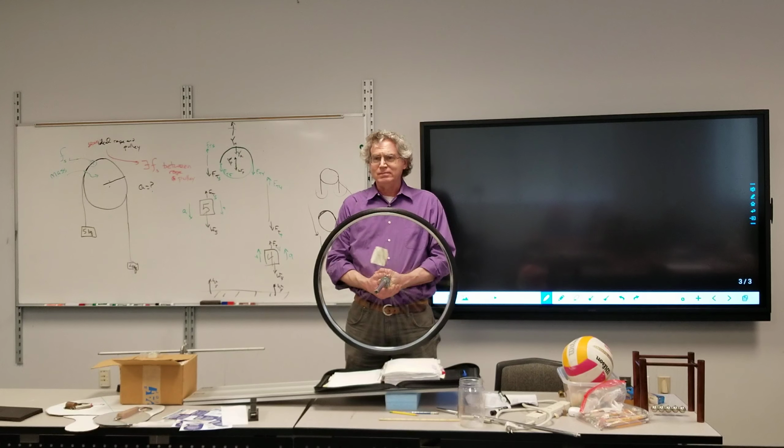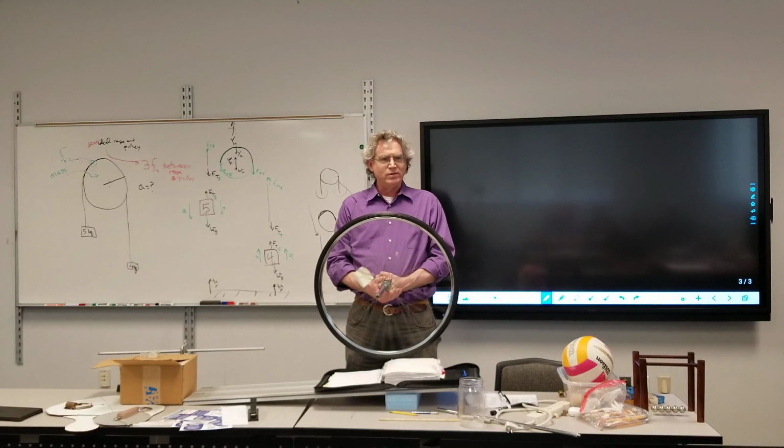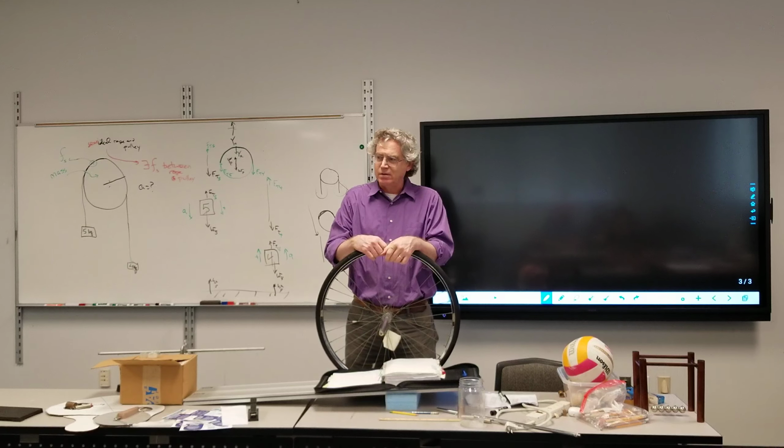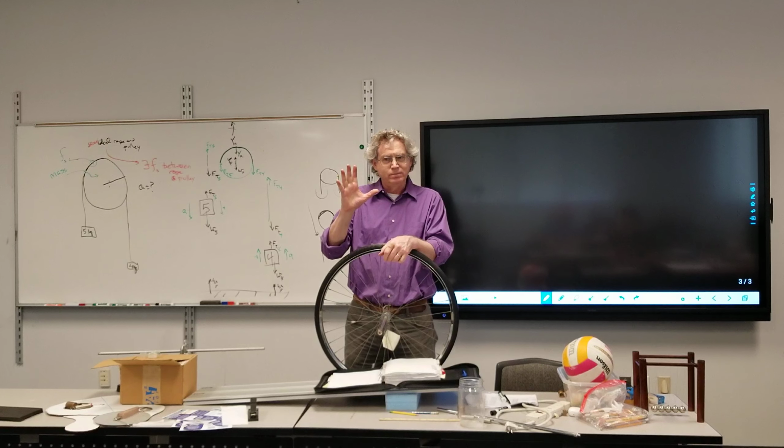So if I said, well, if you're standing in the middle of the room looking towards the board, it's going clockwise, that's just a lot of words. We need to do something better than that. So, the powers that be decided upon a right-hand rule.